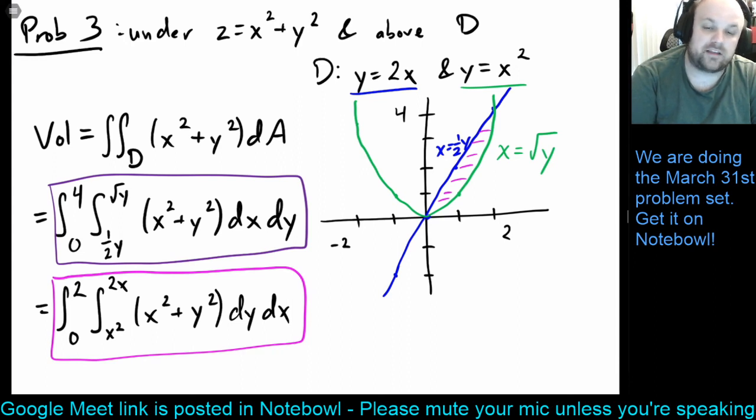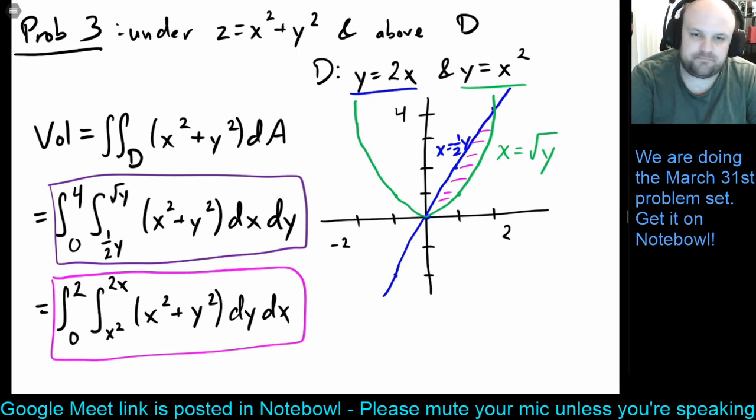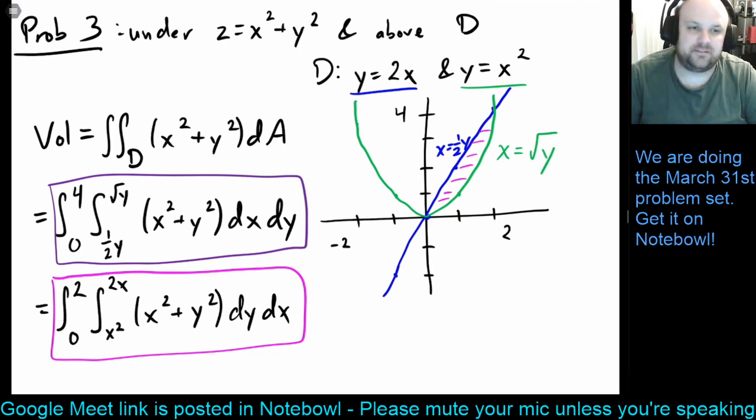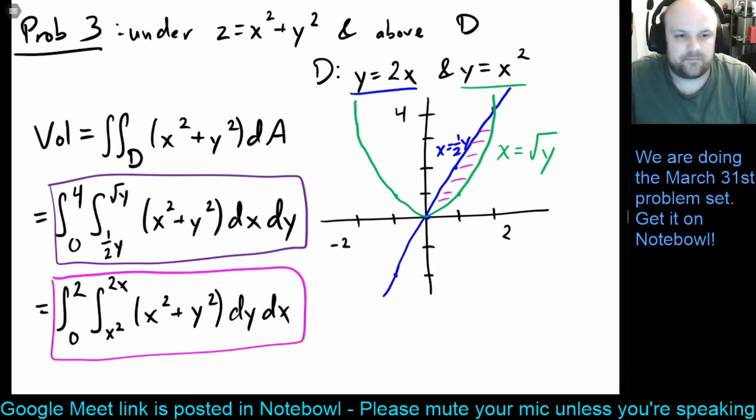They're both going to work out to give you the exact same answer. The question is, which one do you want to do? Just pick the one that works best for you. If you can see this region better as left to right versus bottom to top, go for that. But I just want to say either setup is 100% correct here.